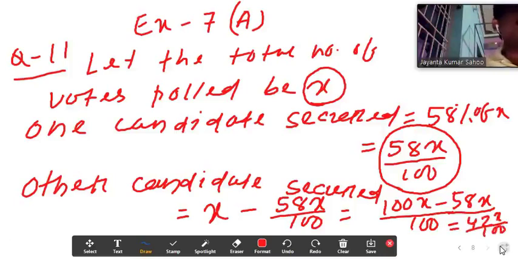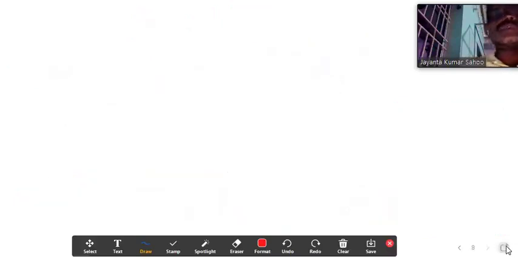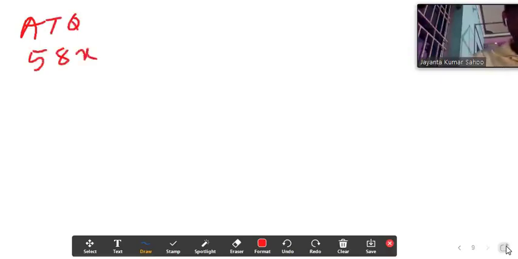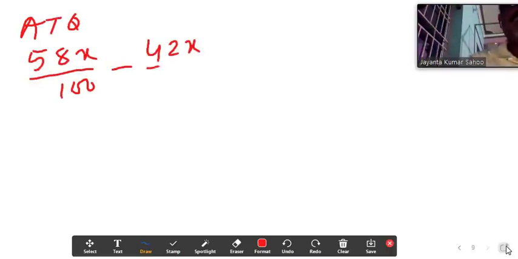42x by 100. But look at the question, what is given. The question says the candidate won the election by 18,336. So according to the question we can write ATQ: 58x by 100 minus 42x by 100 equal to 18,336.